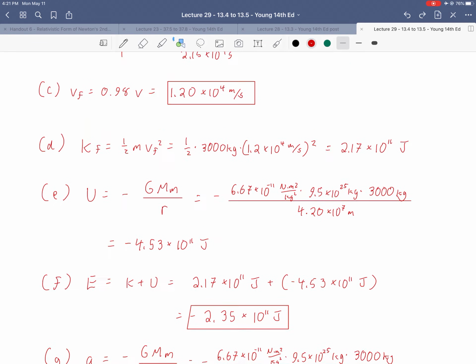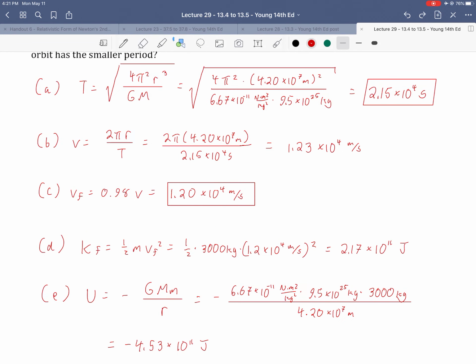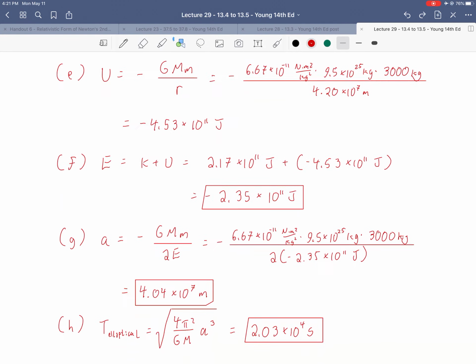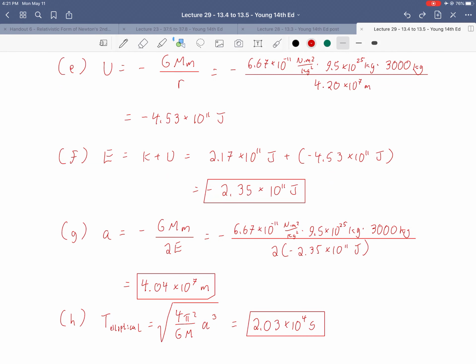It's actually going to get back to that same point sooner. Look at that. When it was circular, it took 2.15 times 10 to the 4 seconds. Now it's only taking 2.03 times 10 to the 4 seconds. So the elliptical orbit has the shorter period.